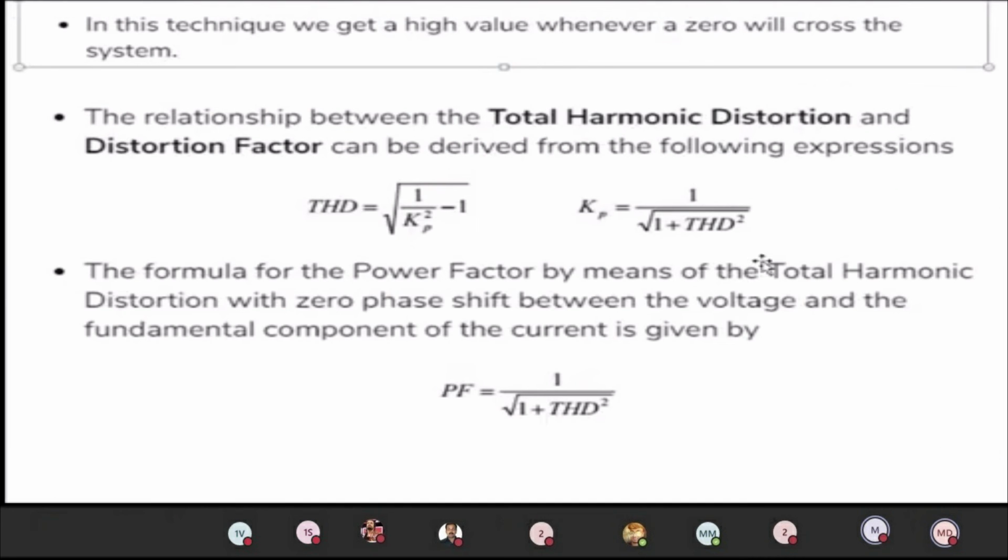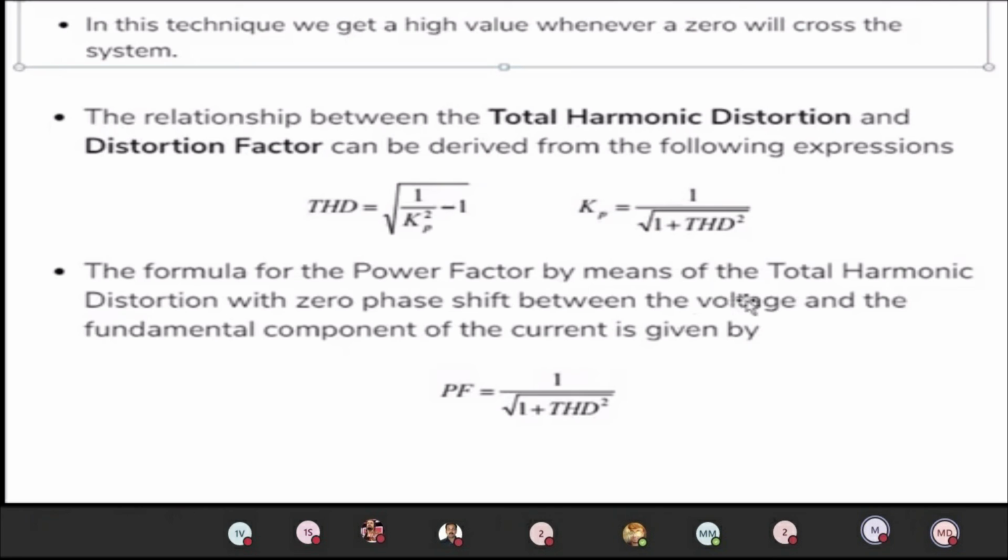And related to power factor, one more term is total harmonic distortion and distortion factor. So you can see the formula for both. Total harmonic distortion is equal to root of 1 by Kp square minus 1, where Kp is given, from this we can take Kp is equal to 1 by root of 1 plus THD square, where THD stands for total harmonic distortion.